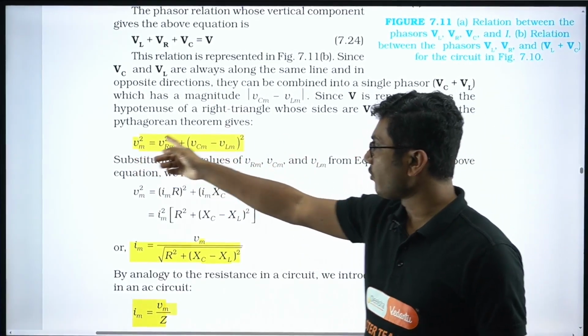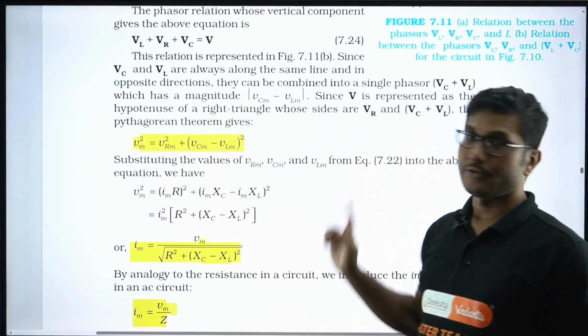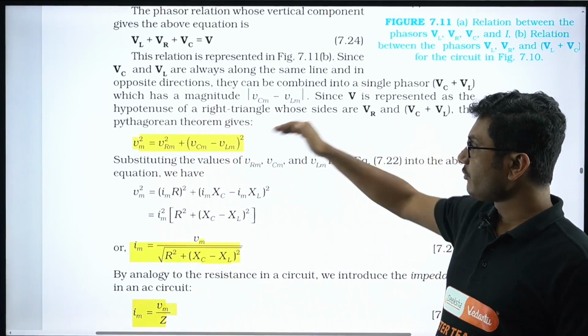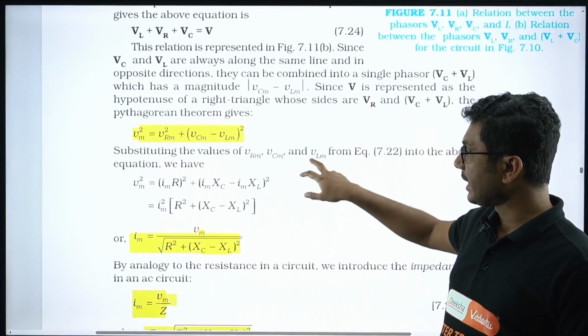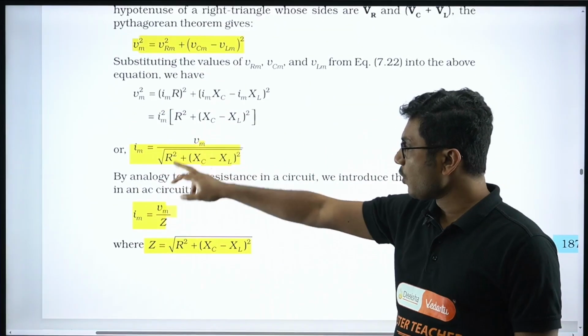This is the common formula, and if you want to find Vm, it will be the square root of this. This formula is very, very important, and again, the current formula, Vm divided by this value, is very, very important.